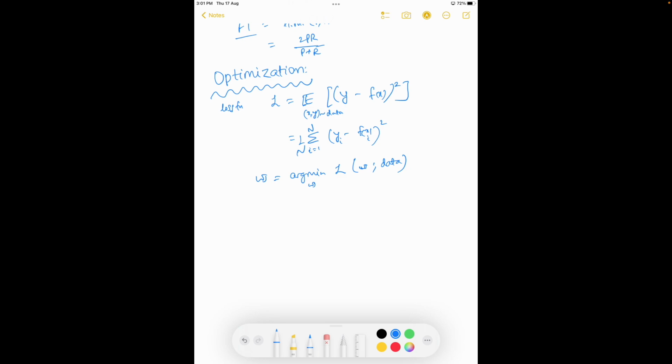All right. So in our linear case, f(x) will be a linear line, w transpose x plus w naught. Okay, let's take the linear case first.